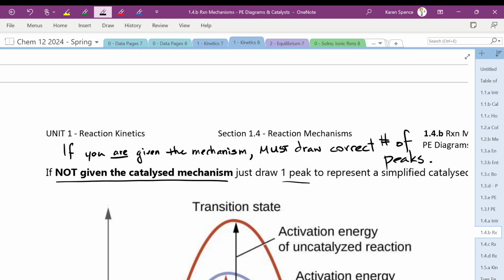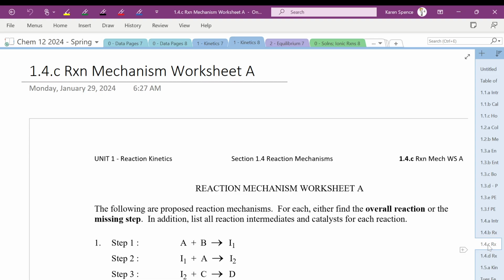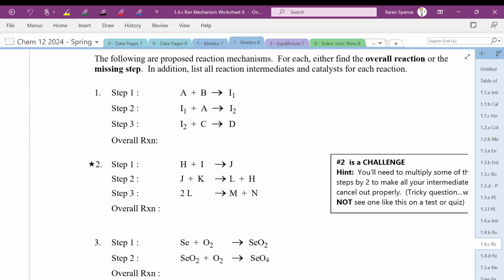So what are you doing for homework? You are doing 1.3, 1.4, 1.5 so that you feel good about everything. We are done, so we have a half an hour to actually work on things. I would suggest one really good skill to practice right now would be 1.4C, because it makes you practice adding up the reactions.